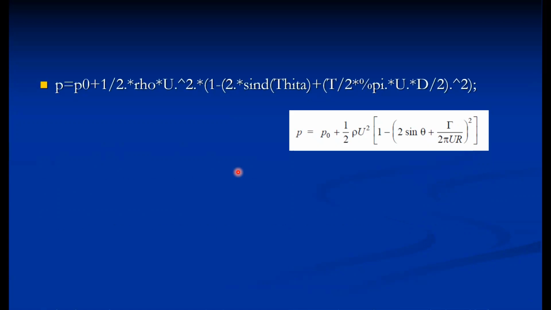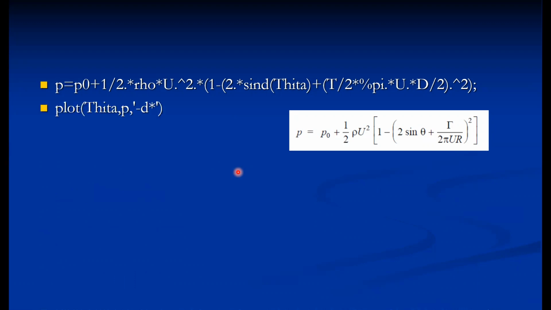Now we have to get the variation of pressure across the cylinder. So this is the equation, and we write the expression in Scilab coding. Nothing difficult, only instead of the multiplication sign, we use the star sign. And the same notations we defined earlier for the parameters are used. So we write the expression of P.